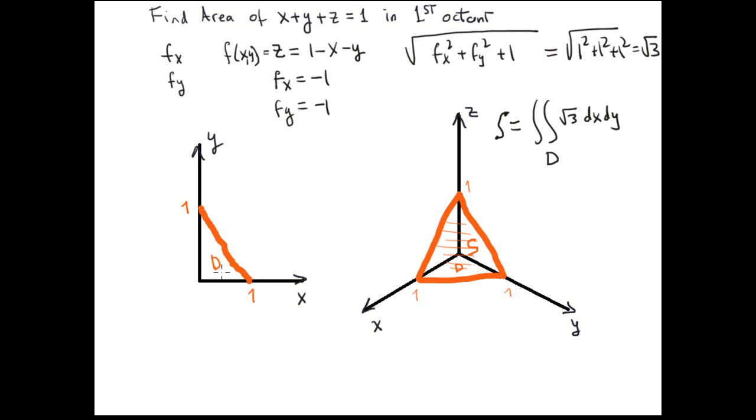And this is constant, so you take it outside: radical 3 times the double integral of dx dy. This is the area of this triangle, and the area of this triangle is 1/2, because area is 1/2 times base times height. So what is the surface area? The surface area is radical 3 over 2.